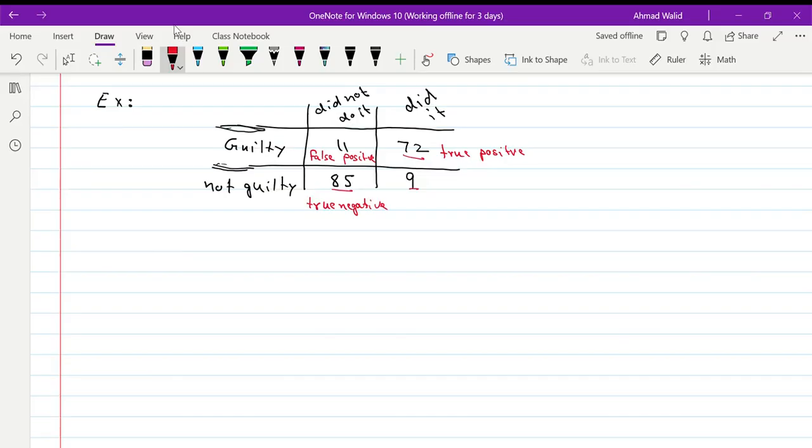And 9, we call it false negative. Why am I doing this example?